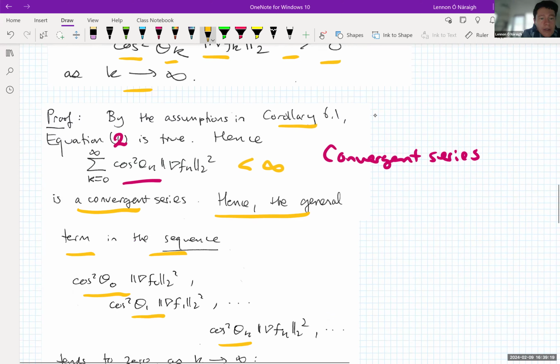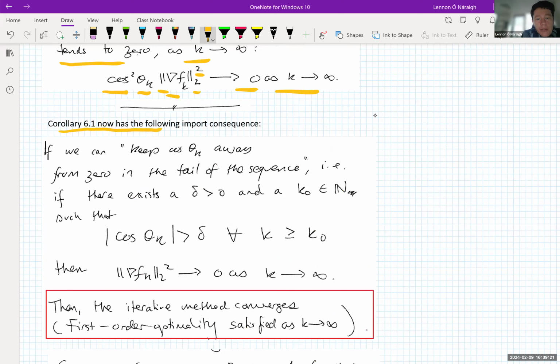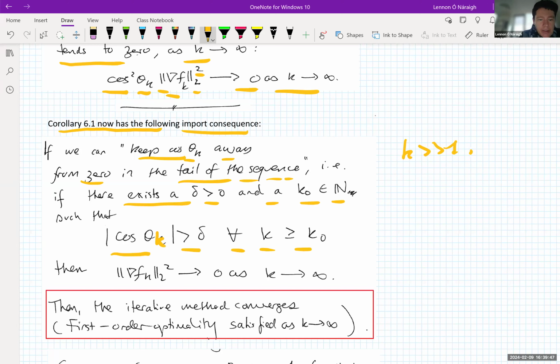Furthermore, this corollary now has a very important consequence for us. Namely, if we can somehow keep cosine theta k away from 0 in the tail of the sequence, in other words, for k sufficiently large, then there exists a delta greater than 0 and a k0 in N such that the absolute value of cosine theta at iteration k is greater than delta for all k greater than k0.